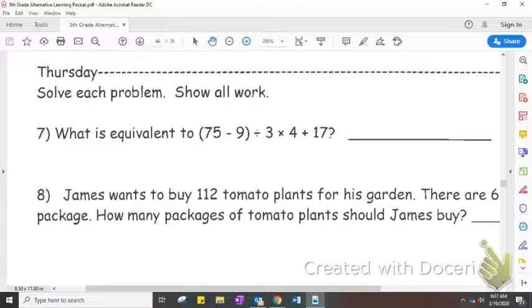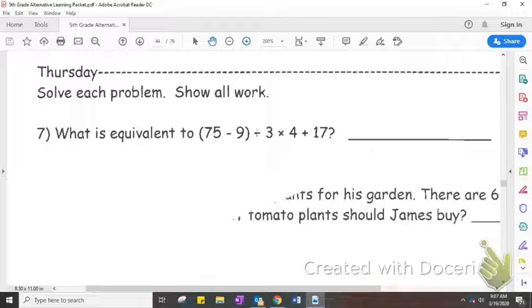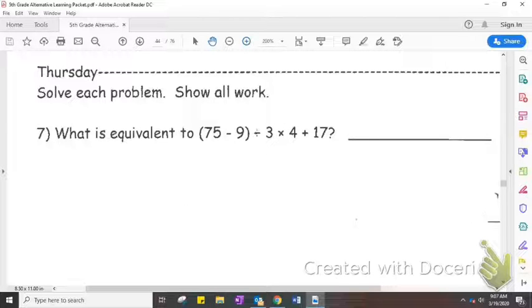All right, so it says right here for number 7, what is equivalent to quantity 75 minus 9 divided by 3 times 4 plus 17. So what they want here is for us to use the order of operations. So I'm going to make myself some space here because they didn't really give us much.